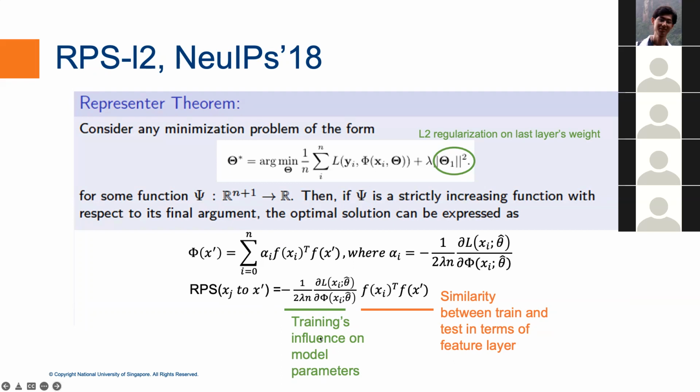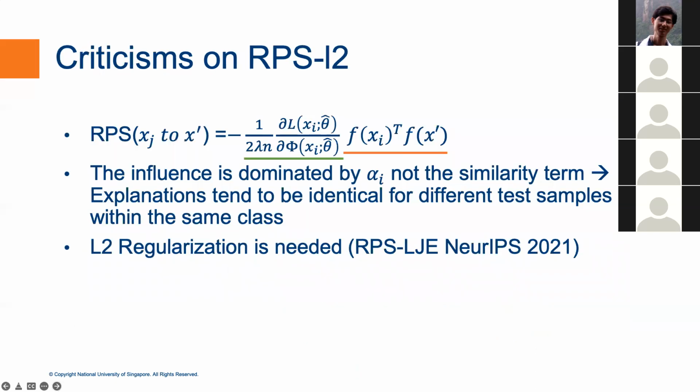The alpha i can be interpreted as the training sample's influence on the model parameters, because again, we see this gradient of training loss. The criticism of this work is that the influence is dominated by alpha i, not the similarity term. They find that the explanations tend to be identical for different testing samples falling into the same class.